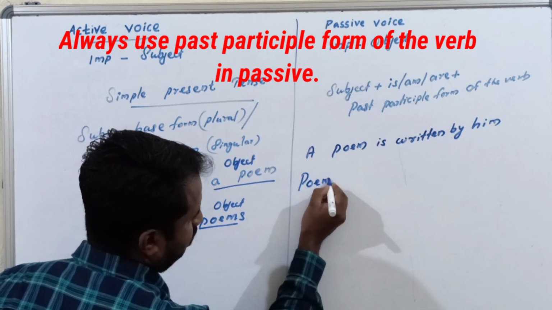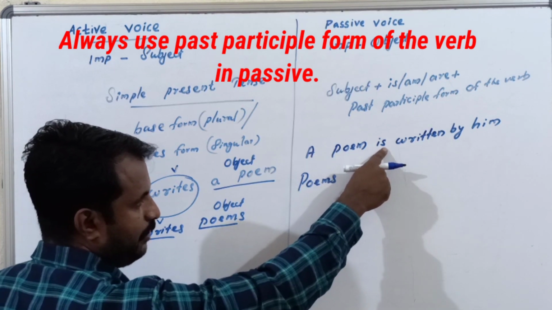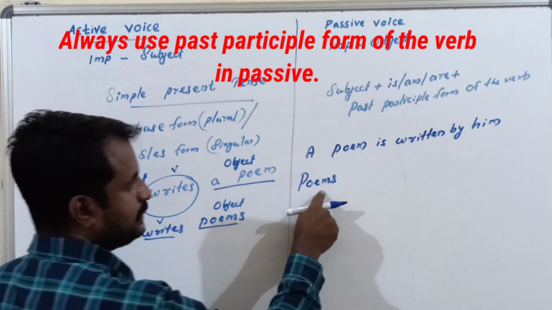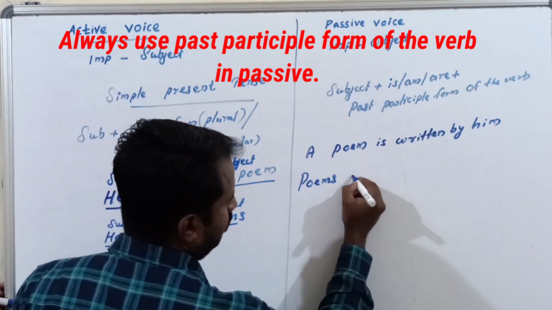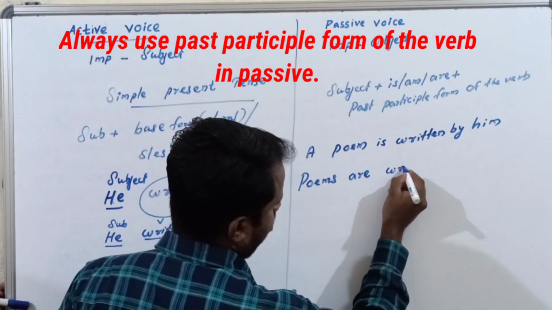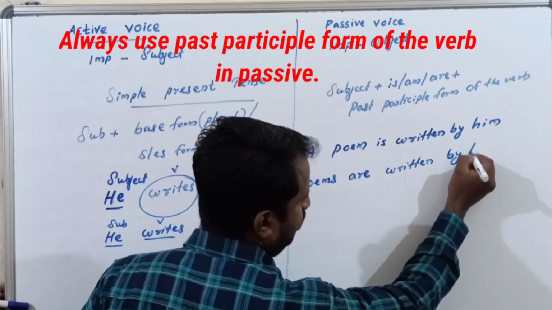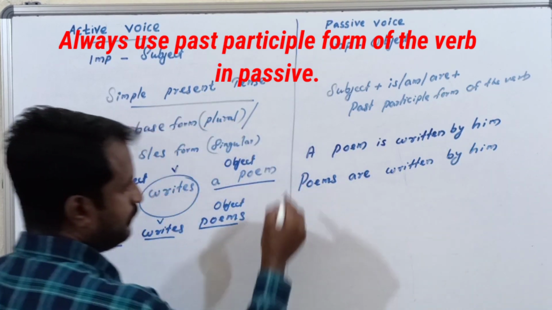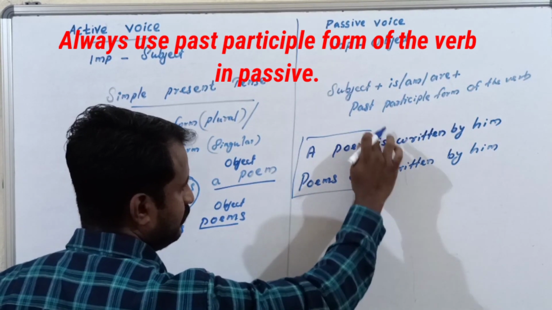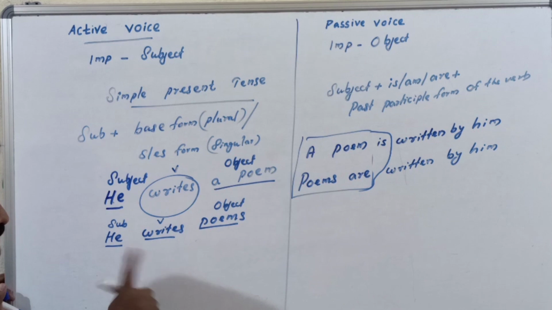Here we can see the difference. A poem was singular, that's why we have put is. Here poems is plural. With a plural subject we have to use are. Poems are written by him. See the difference? Only here the changes come: a poem is, poems are.